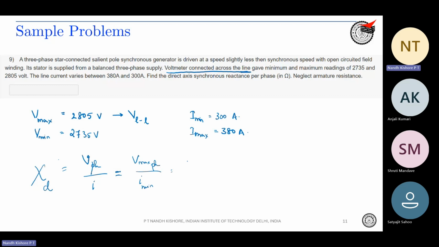So 2805 by root 3 is going to be your phase voltage, and here you are going to get 300, correct?